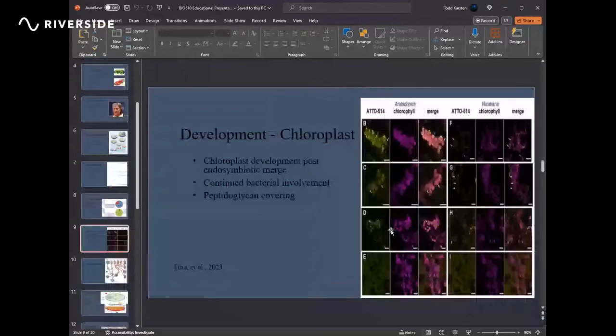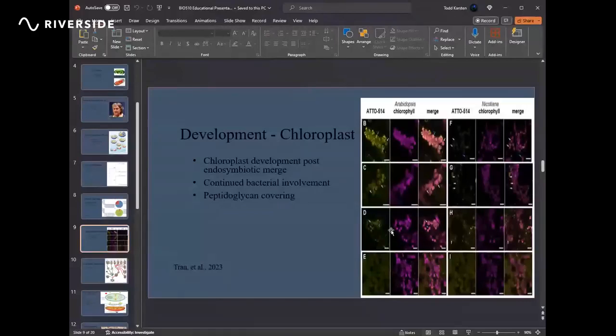As we continue into the development of our chloroplast, we talk about the post-endosymbiotic merge, continued bacterial involvement, and the peptidoglycan covering dealing with both of these. Again, as with the mitochondria, the endosymbiotic theory dictates the growth and development of the chloroplast.